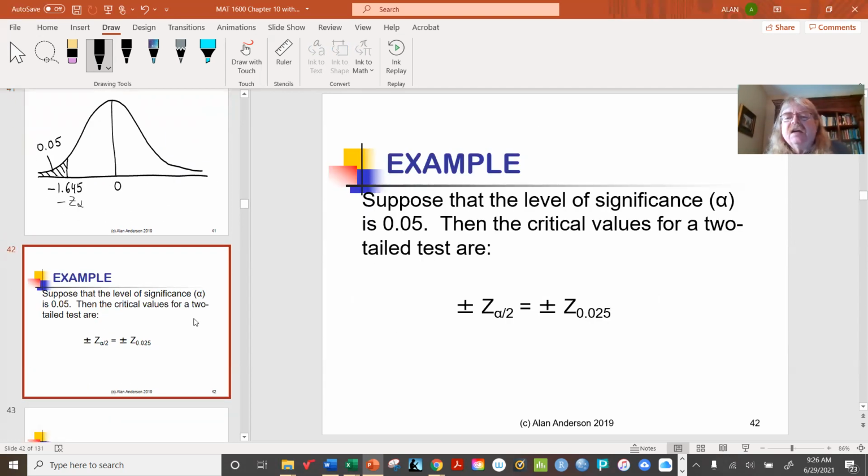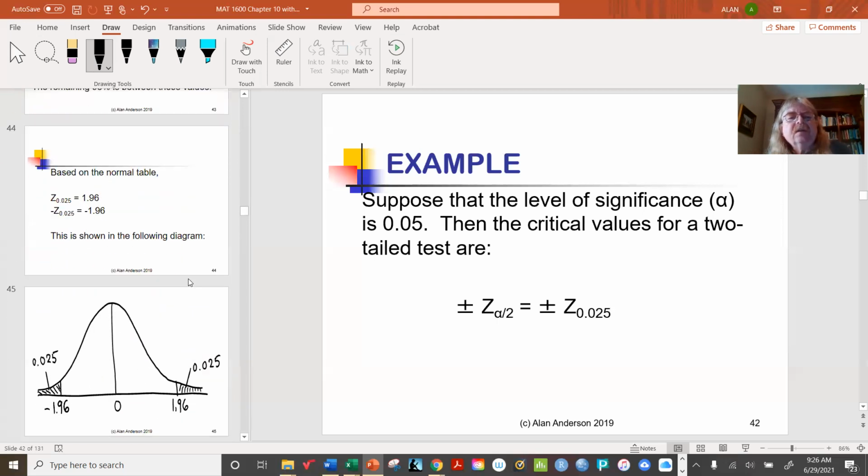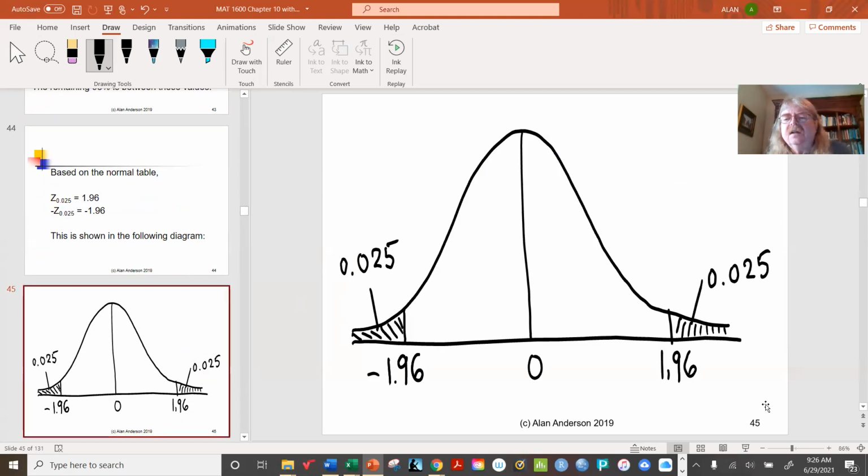You have plus or minus z alpha over 2, which means half of that 5% is in either tail of the distribution. We looked that up in the calculator, and that turns out to be 1.96, which you've seen in chapter 9 many times. So here we have two critical values, positive z alpha over 2 and negative z alpha over 2.